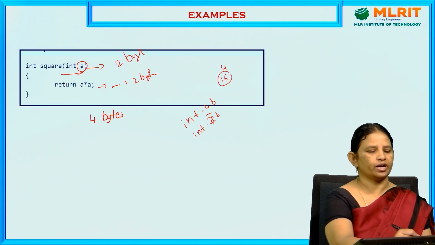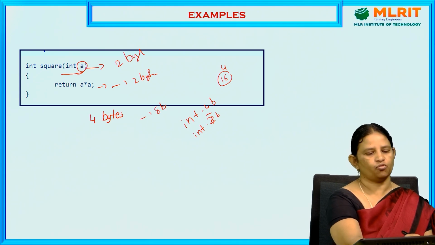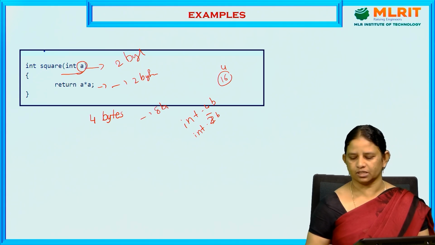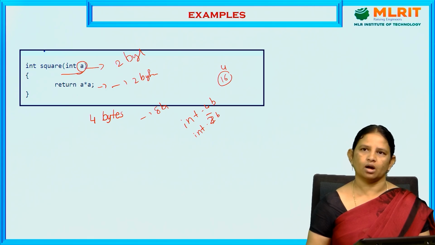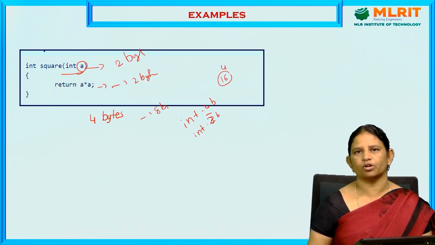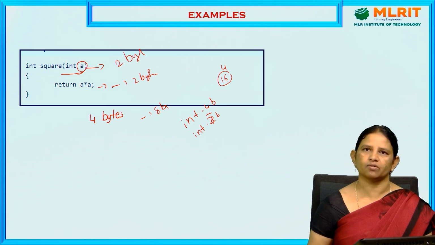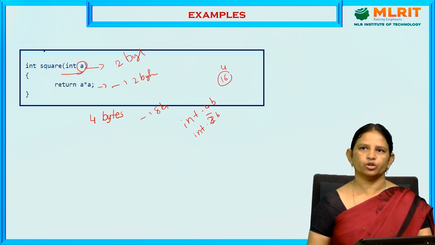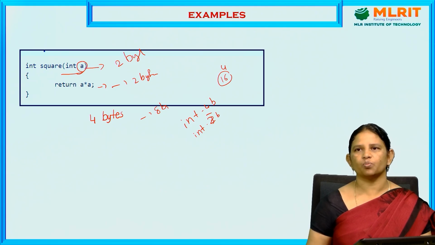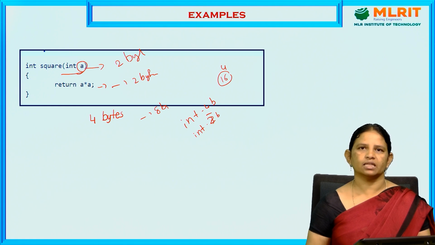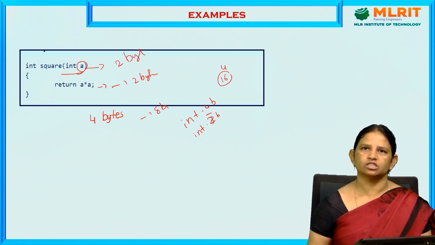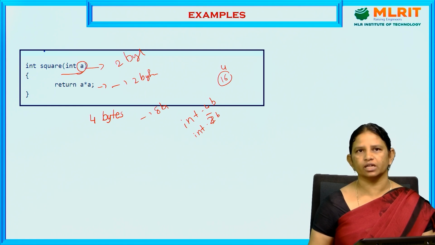That means 8 bytes of memory is required, because there is a variable and the return statement also requires some memory. Which type of value is returned? It returns an integer value. So total, if it is a 32-bit processor, 4 bytes of memory is required. If it is a 64-bit processor, 8 bytes of memory is required for executing this program.